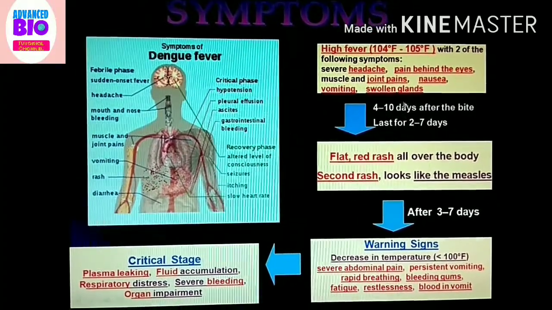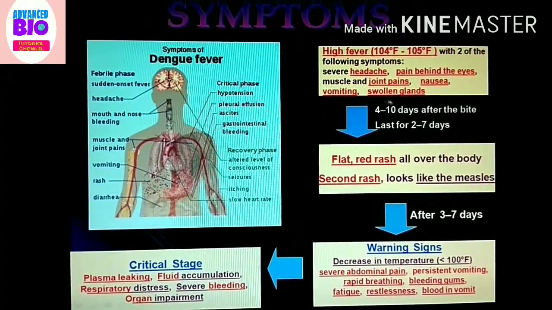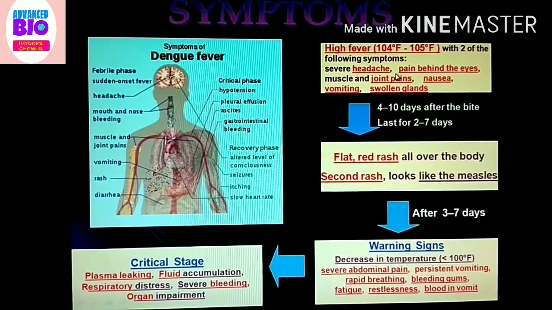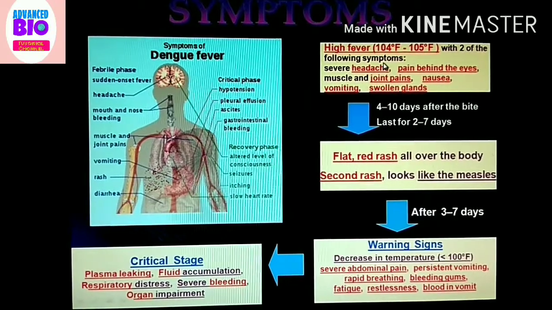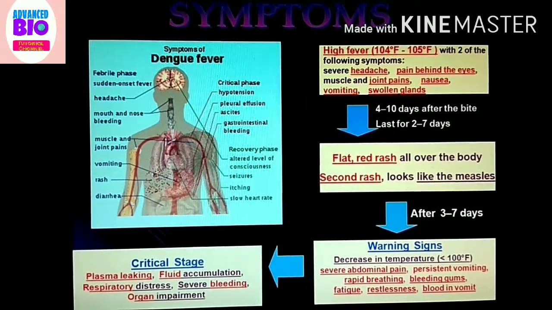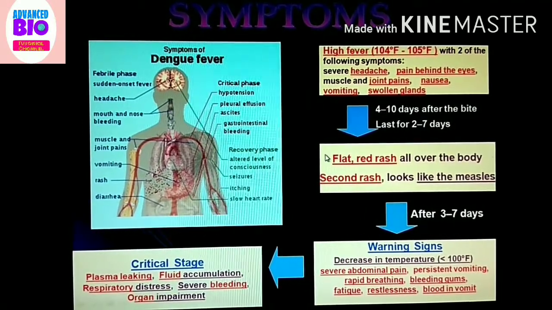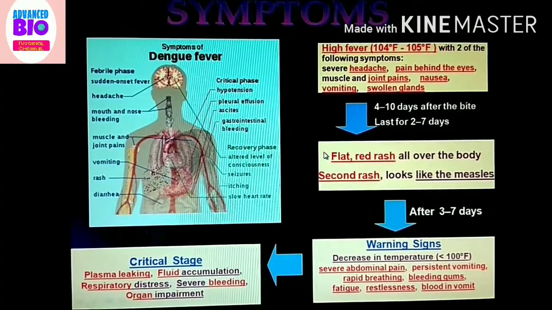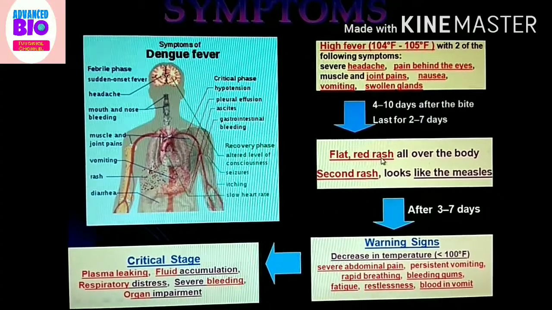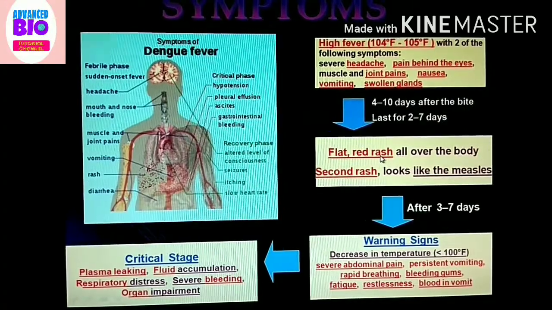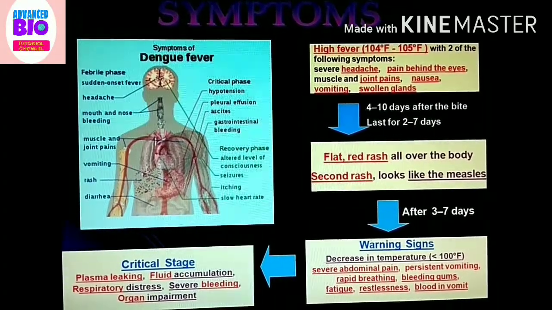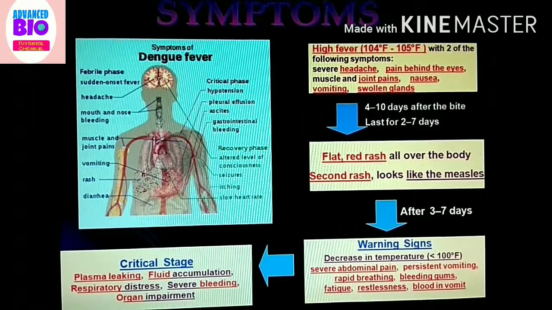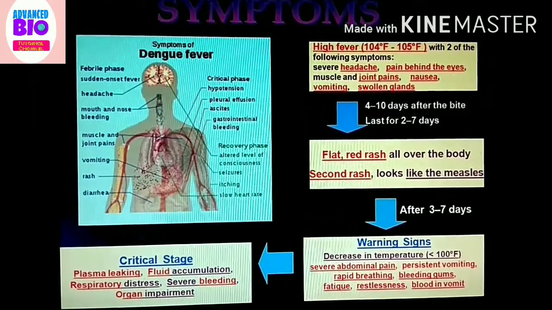Okay. Now, after 3 to 5 days of primary symptoms, if the patient remains untreated, then what happens? The secondary symptoms will be manifested. Flat red rash is seen on the skin, all over the body, in the back portion of the body, in the face, or in different portions of the body.